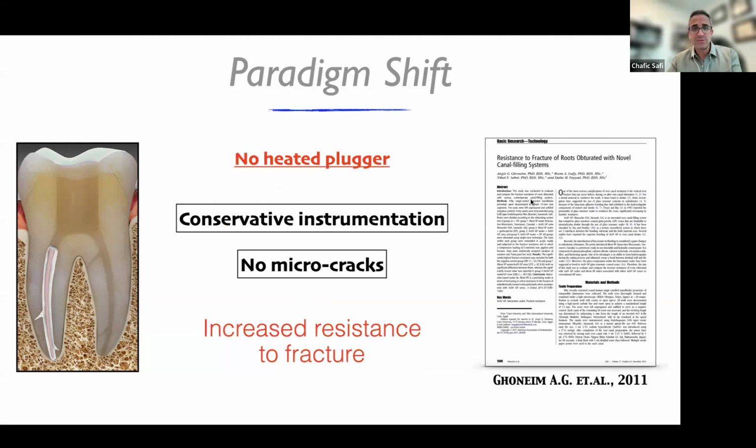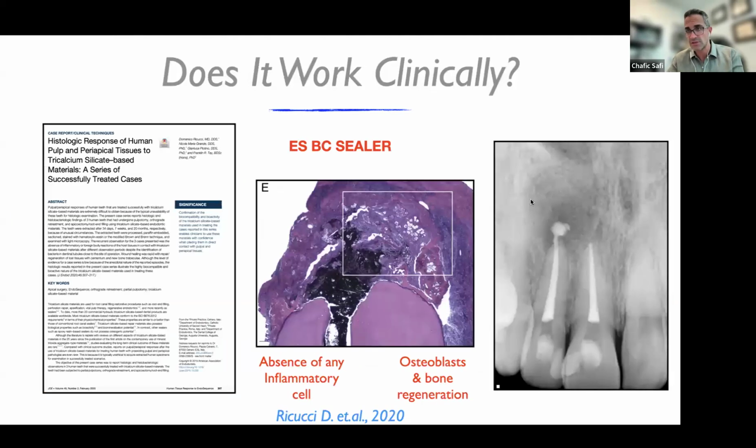This technique has been shown to increase resistance to fractures in teeth, and it doesn't lead to micro cracks. Because you're not using any heated plugger all the way to 3 or 4 millimeters of the apical part, it yields a conservative instrumentation, fewer micro cracks, and increased fracture resistance.